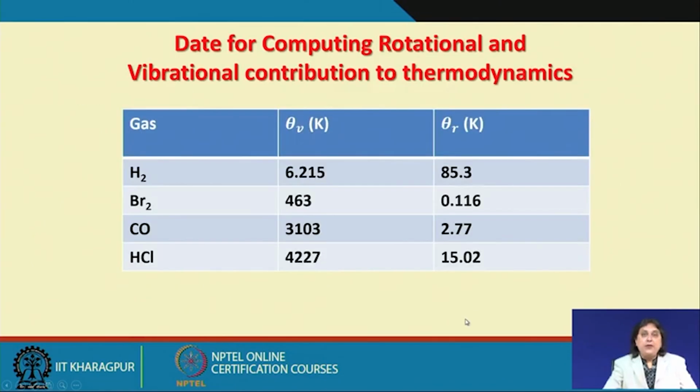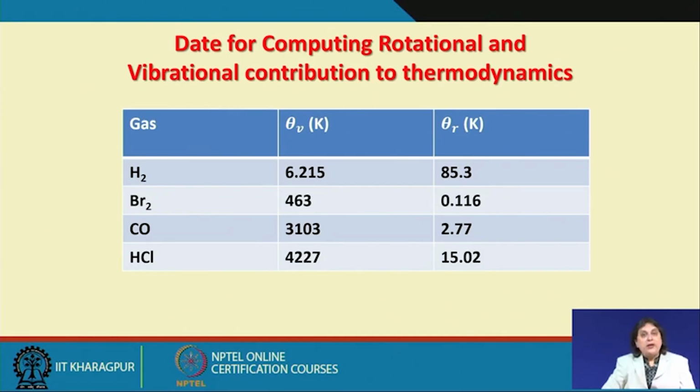And so, if you know the theta v and theta r values from literature, which have been tabulated by carrying out different kinds of experiments, then one can go ahead and find out what is going to be the vibrational contribution to the overall heat capacity of the ideal diatomic gas, or one can even assess what is going to be the rotational contribution to the specific heat.